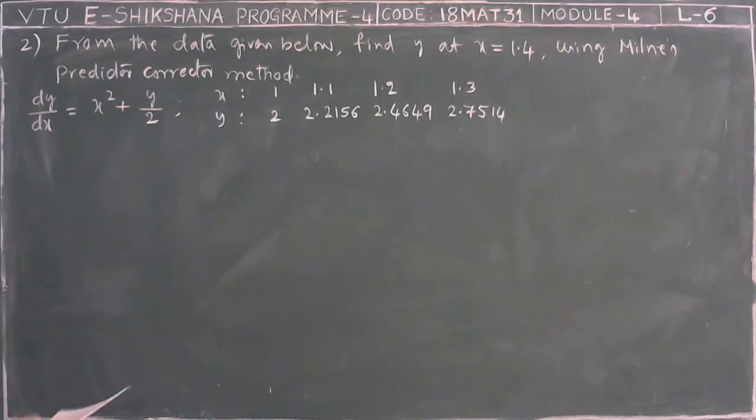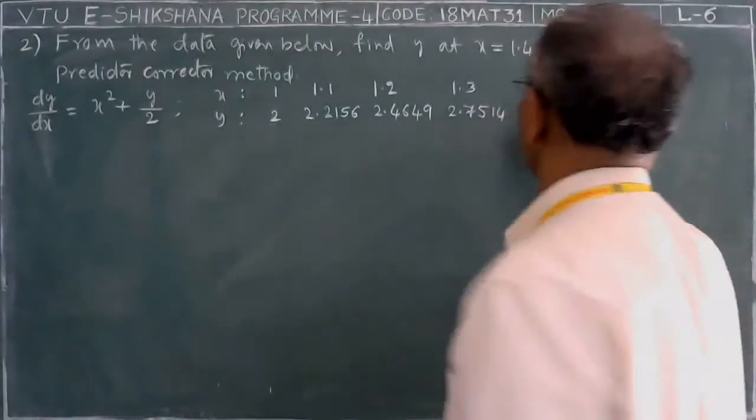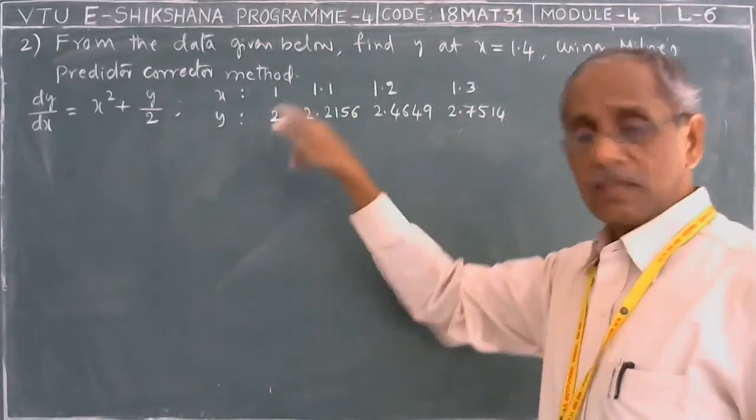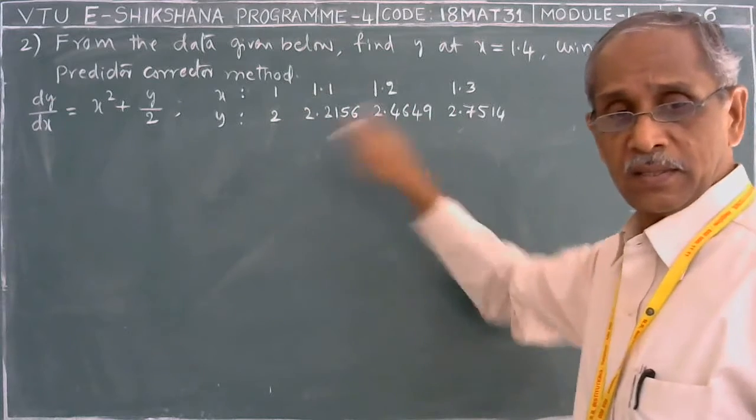So I need to calculate the value of y by the known previous values at x is equal to 1.4.